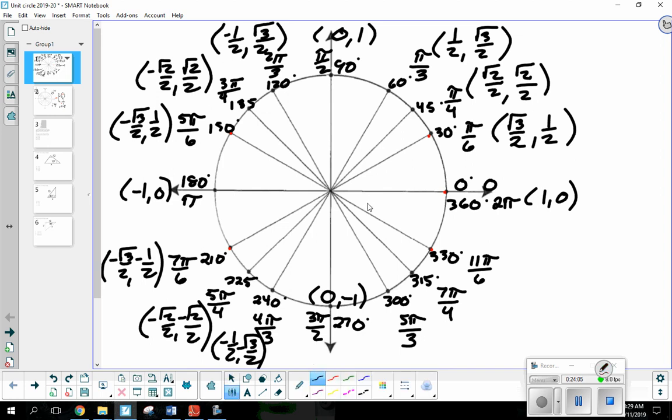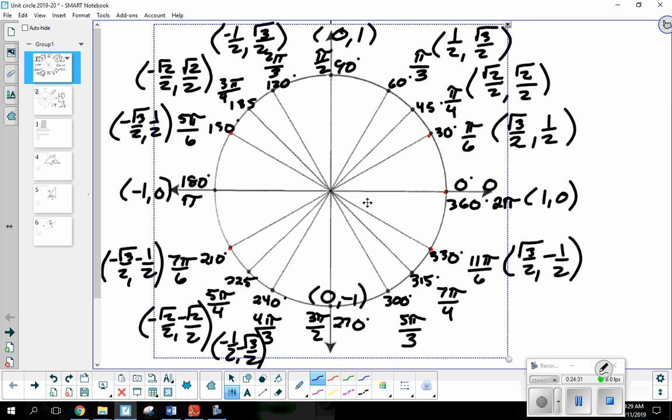X is positive, y is negative. Okay, so Jordan D., what would happen to square root of 3 over 2, 1/2 if I reflected it into the fourth quadrant? There you go. Okay. All right. What would happen if I reflected square root of 2 over 2, square root of 2 over 2 over here? What would that give me for 315 degrees?